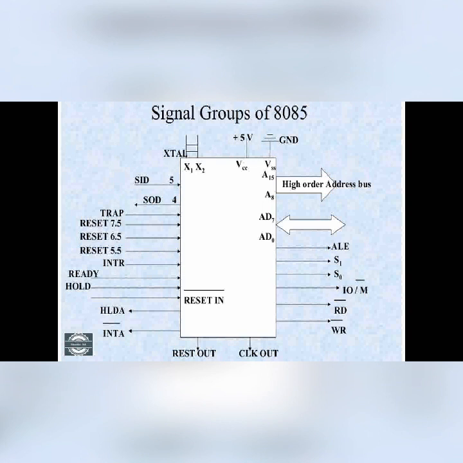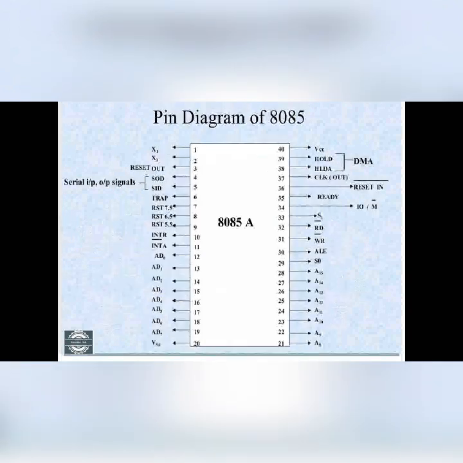Actually there are a total of 40 pins, we know, and in what way the signaling is maintained on these 40 pins is given in this pictorial view. Here, the pin diagram totally, you can pause the video and draw it because it is very important. Because if you work on any kit or anywhere else, there also you need the pin diagram.